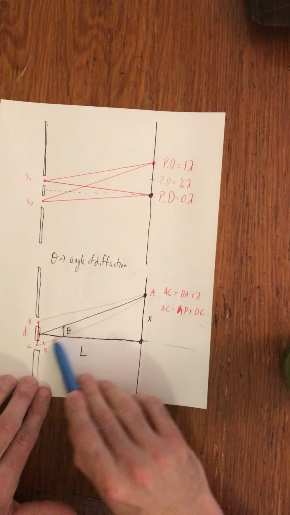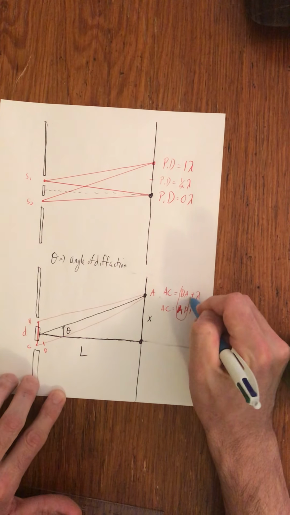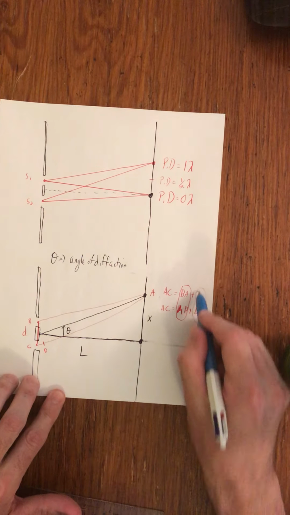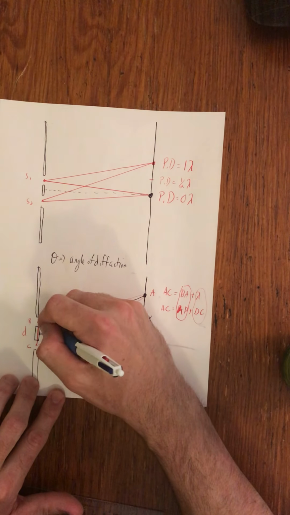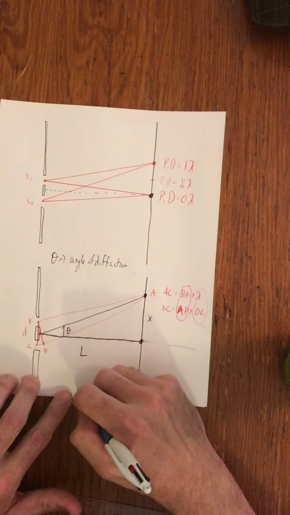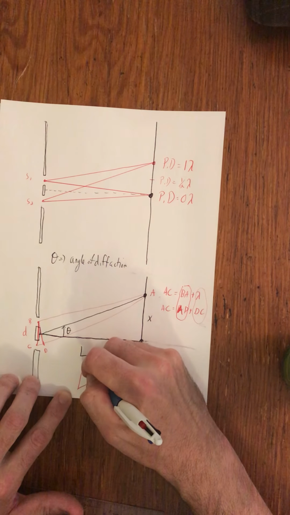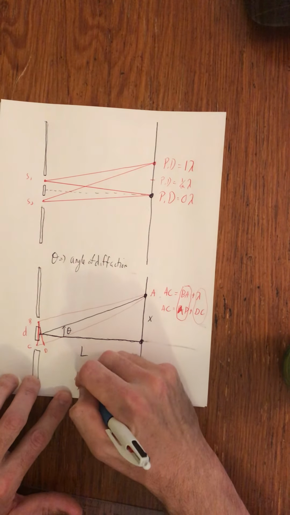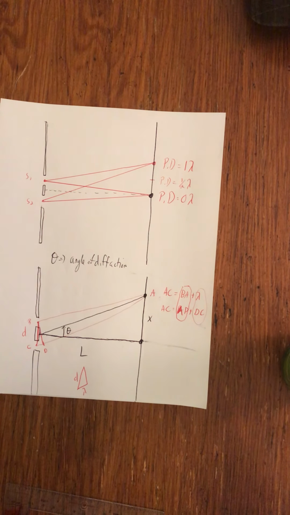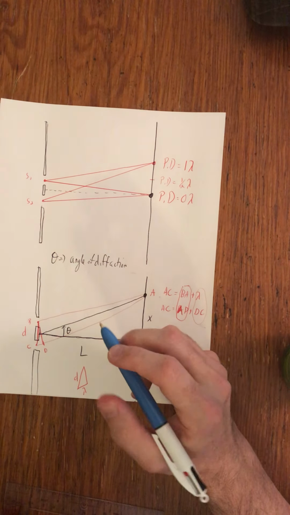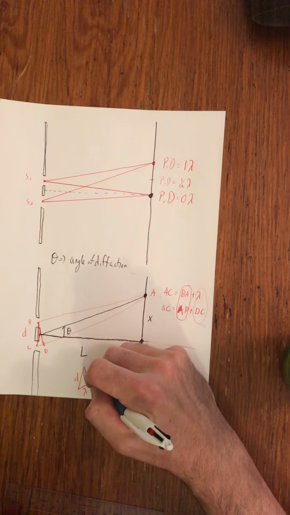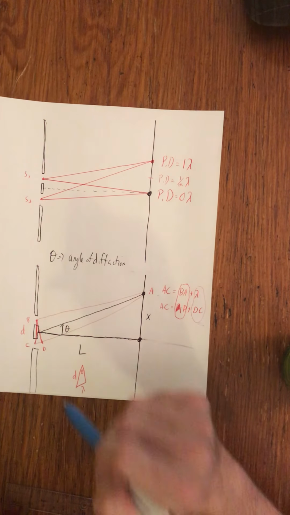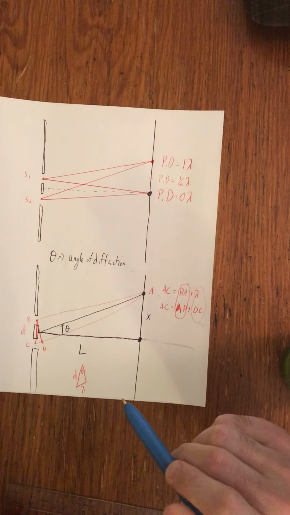So if we look here, let's say that AD is the same as AB. That would mean that DC is equal to 1 wavelength. Now if you notice here, I have another little triangle. Let me pull that little triangle out. That triangle has lambda as this side, D as that side. Now, it just so happens that this has the same angle as that diffraction angle. There's a similar triangle thing to do there.